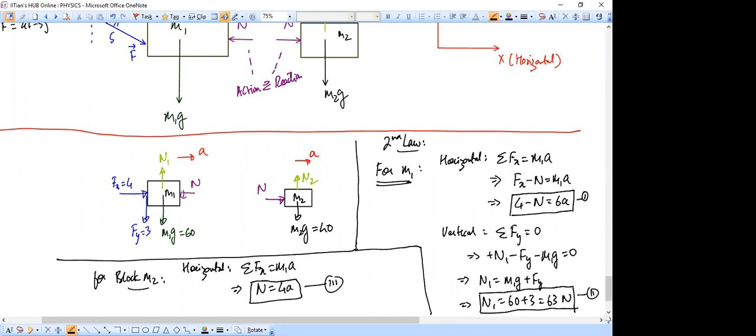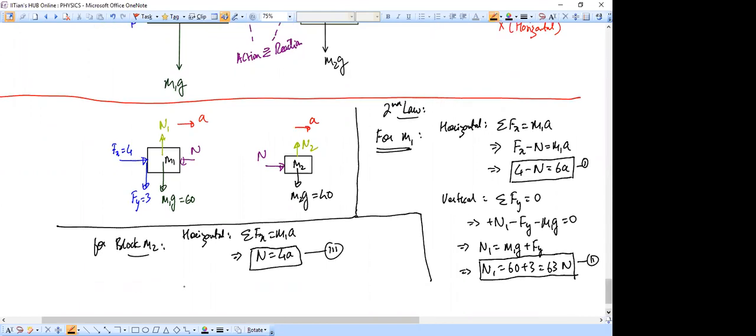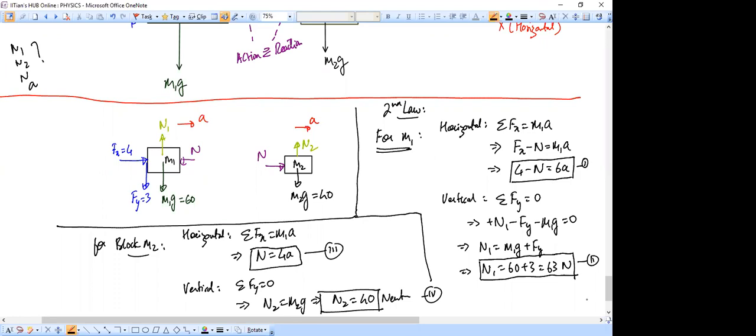Okay, and along the vertical, forces should balance. So it's very simple. So N2 has to balance the weight. So N2 is directly becoming 40 newtons. So this was our fourth equation. We had four unknowns, N1, N2, N, and a. We had four unknowns, so we needed four equations. Now we are done. Okay.